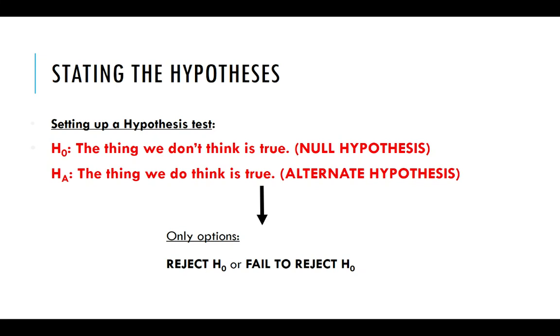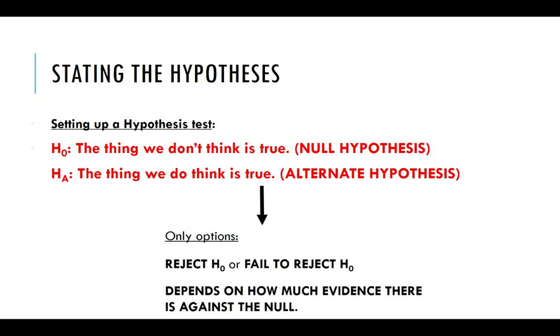And I want you to be very clear, because it would be very imprecise to say something like, we accept the null. That's not good statistical language. Or we reject the alternative hypothesis. Not good either. So you only have two options: reject the null or fail to reject the null.